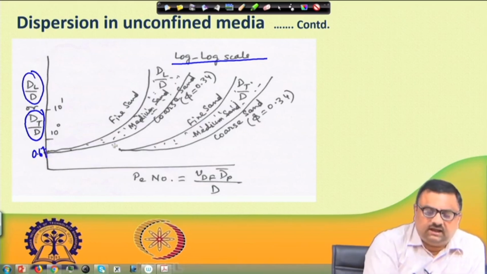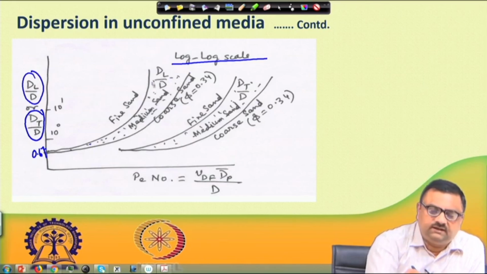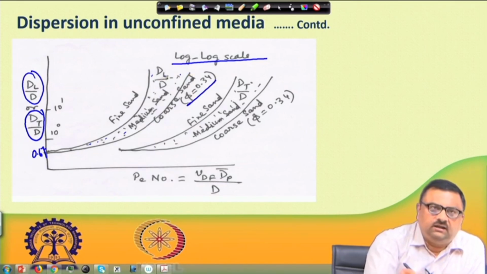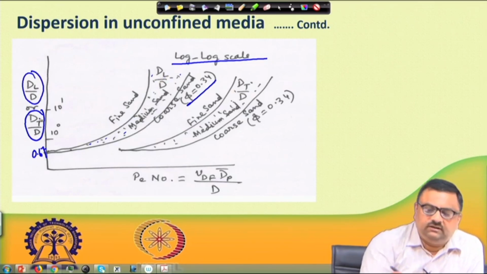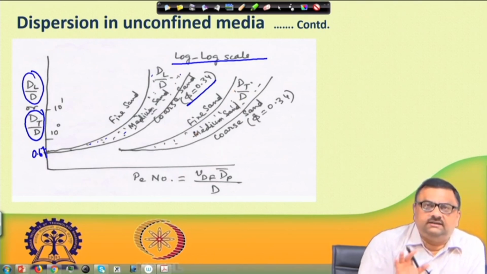All these data points are for longitudinal dispersion, and they found that this is the line for fine sand and this is the line for coarse sand with porosity 0.34, and all data points are within this band. Similarly, for dispersion in the transverse direction, there also they had created a band. So, this kind of studies have been done.